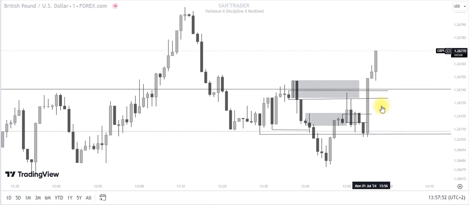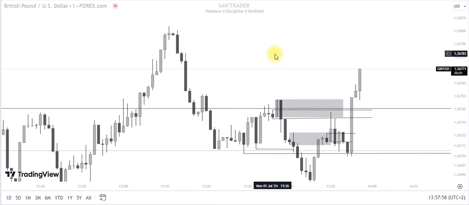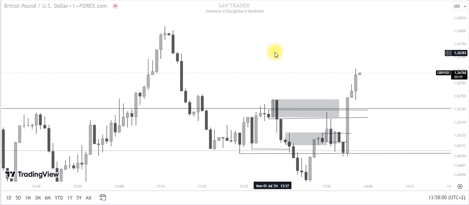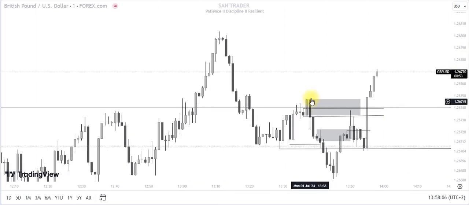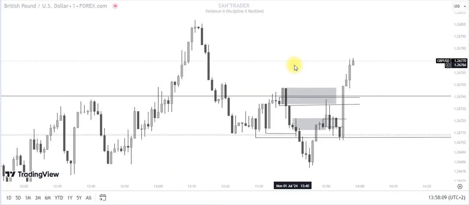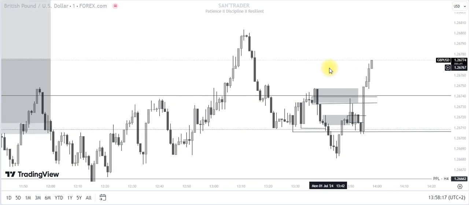So for now, use the PPL, your precise price level, and then I will introduce the other ones later on when you fully comprehend this one, because I don't want to confuse you with a lot of concepts. So you need to master at least 1 or 2, then we can continue.